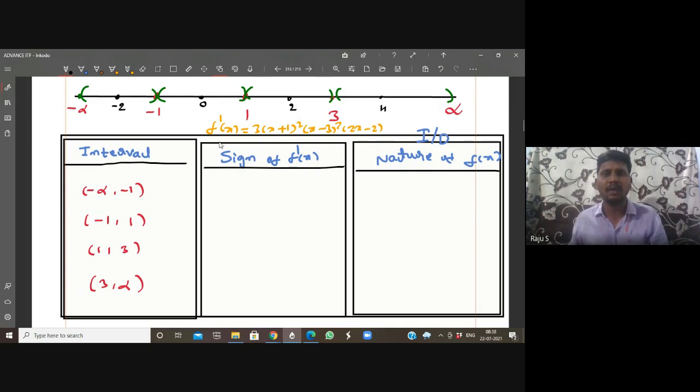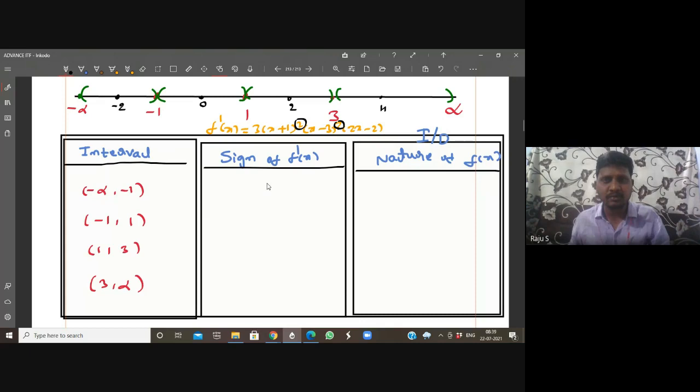Okay, so what is f dash of x? Substitute here in the f dash of x, minus 2. What about the sign, students? Greater than or lesser than? You only tell me. Substitute here: minus 2 plus 1, minus 1 squared is positive. Square means positive alone. These two values are positive, whereas we just have to check the 2x minus 2 value alone. What is the 2x minus 2 value?